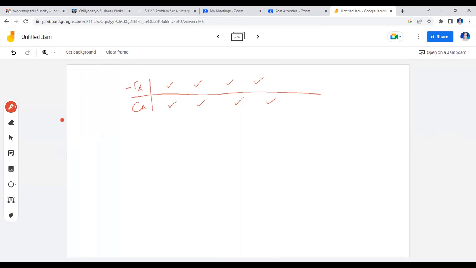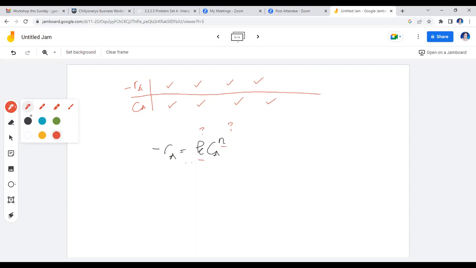Before I explain about the plotting of the ln of CA versus the ln of RA, remember that your rate law is generally written in this form, right? With the C, with the K and the n as unknowns. You don't know this.